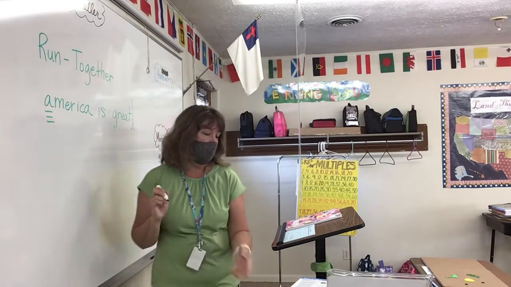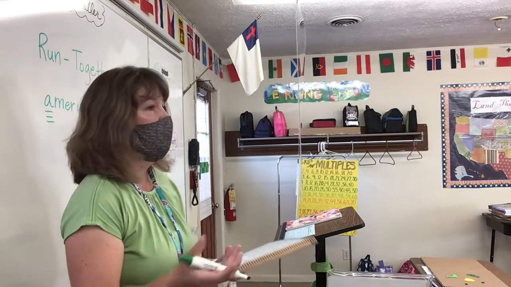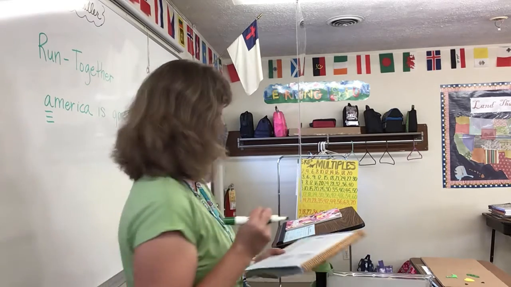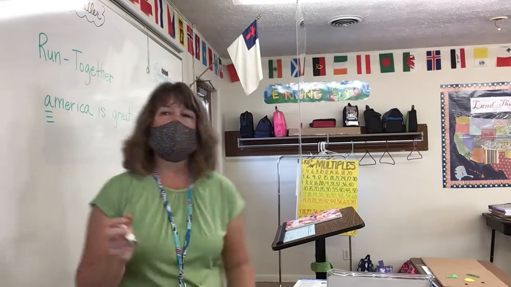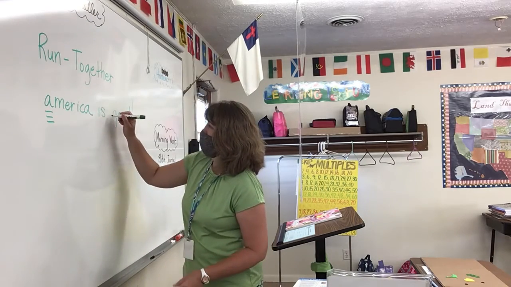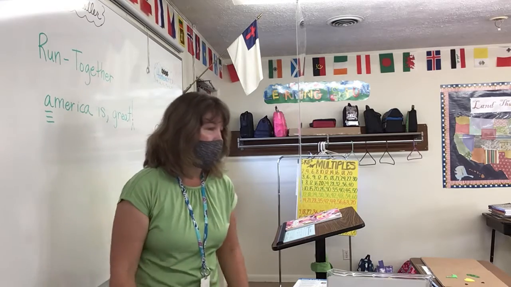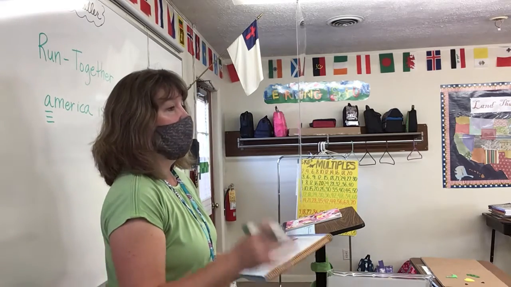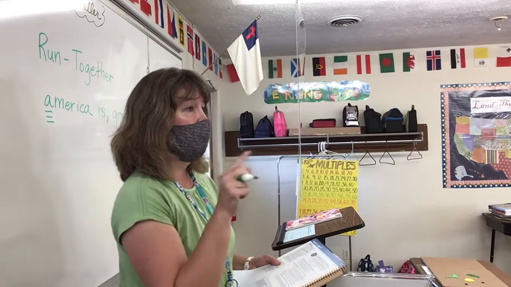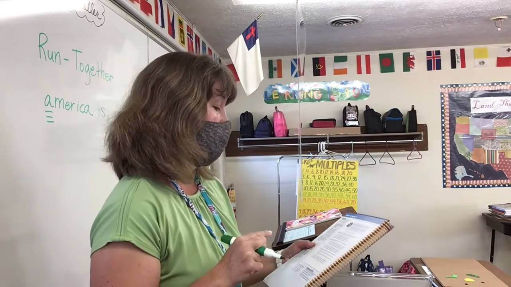Now, if we need to take something out of a sentence, so let's just say I have a comma. America is great, but I'm not supposed to have a comma there. I need to delete it. Now I don't have a delete button. I'm not writing on the computer.